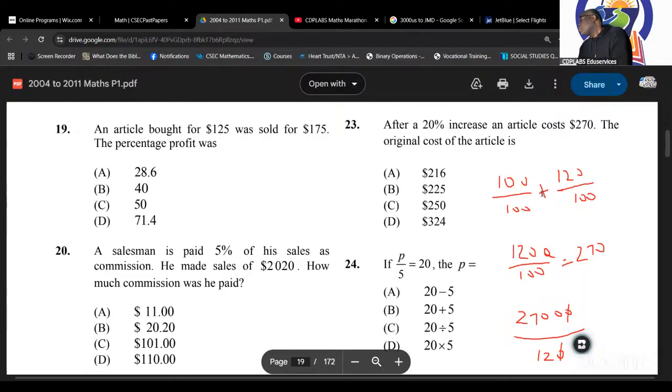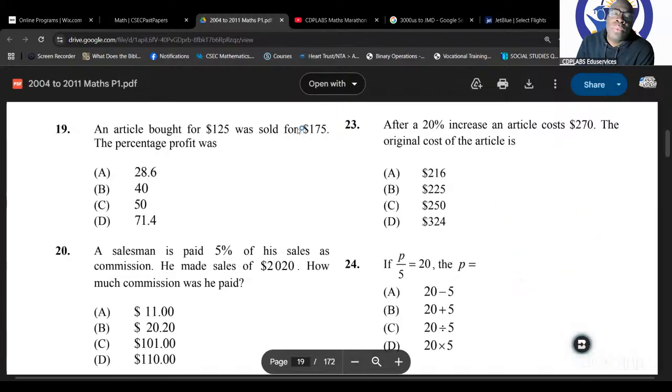All right. Now again, we're going to look at another method. This one's for the visual learners. If I have a block, and this block is representing the original block, then I would have to break it down.